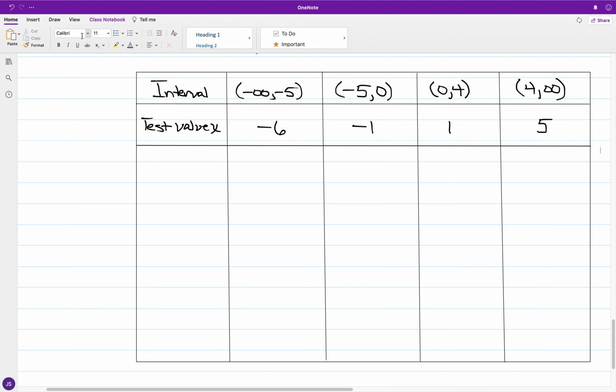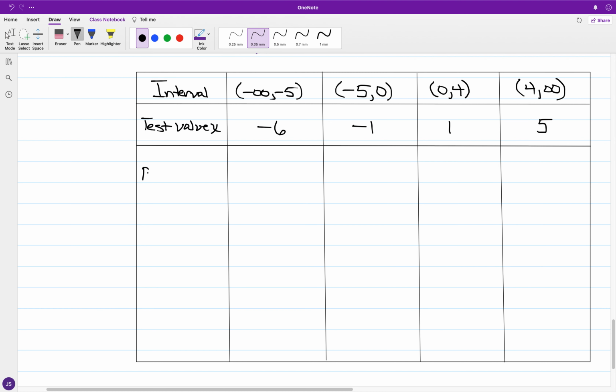And again, the function we are working with, okay, again, so we have r of x is equal to x squared minus 4x all over x plus 5.